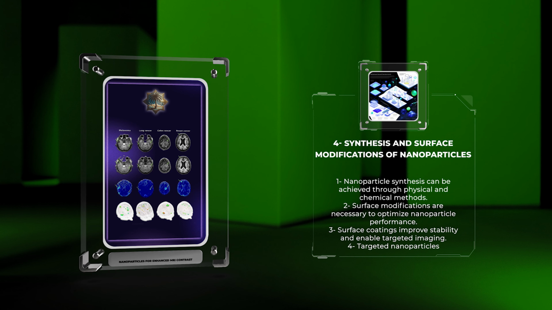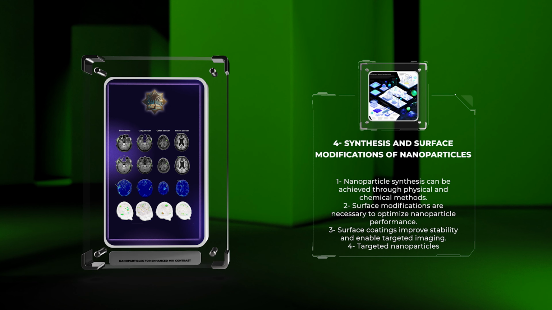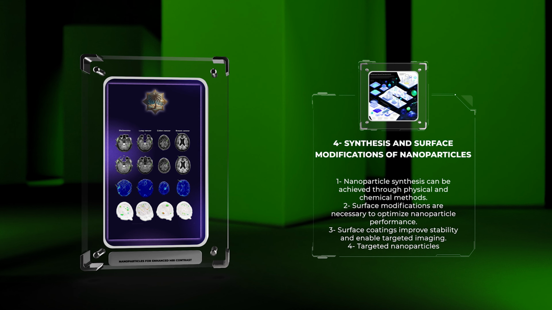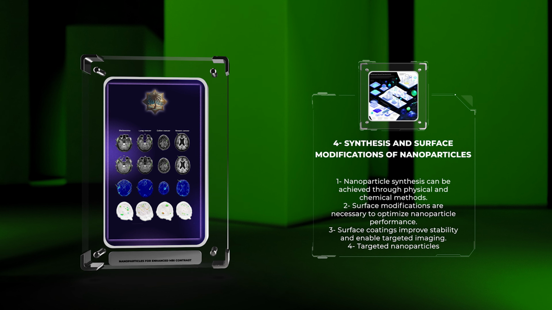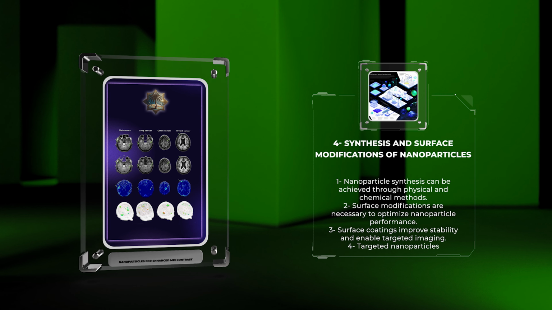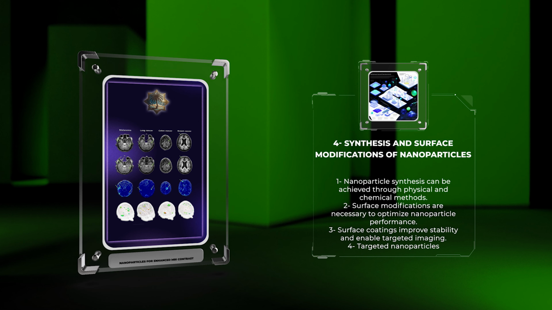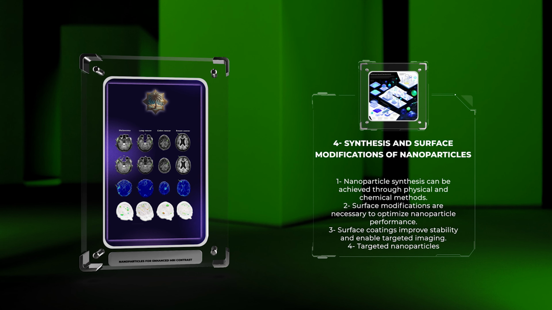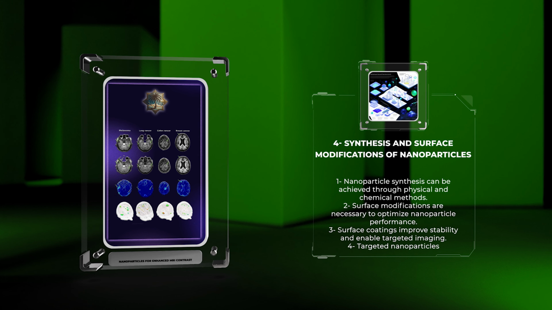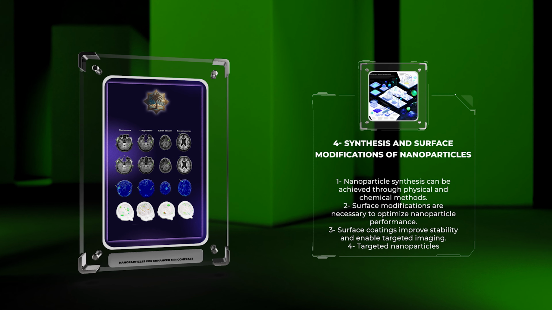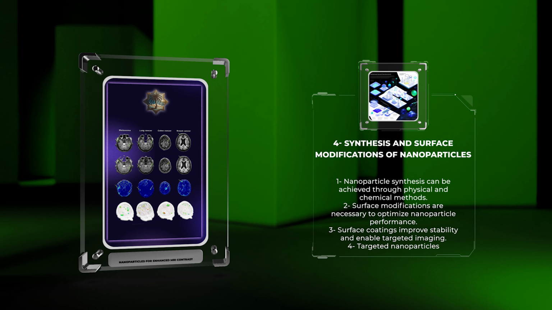The choice of synthesis method greatly influences the final nanoparticle properties, including magnetic behavior and colloidal stability. To optimize their performance and functionality, nanoparticles require surface modifications. Surface coatings, such as polymers, peptides, or antibodies, can be used to confer stability, improve biocompatibility, and enable targeted imaging. In the next section, we will explore how targeted nanoparticles have revolutionized the field of medical imaging by enabling specific tissue and cellular imaging.